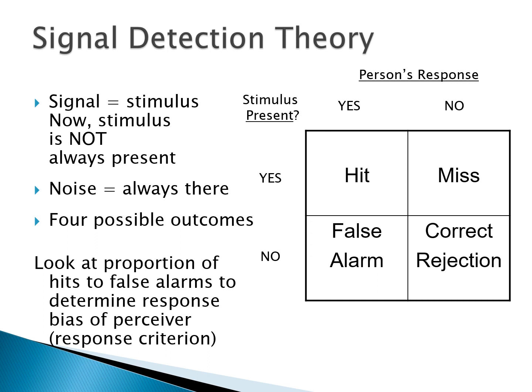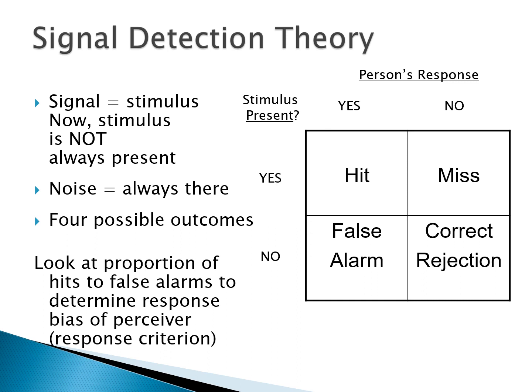Now we can look at the proportion of hits to false alarms, and we can see something about the response bias of the perceiver. So this is their response criterion: what is their motivation, and where are they in terms of how much do I want this hearing aid, basically. We can manipulate that motivation with people sometimes, but what this proportion of hits to false alarms gives us is a better idea of their absolute threshold.